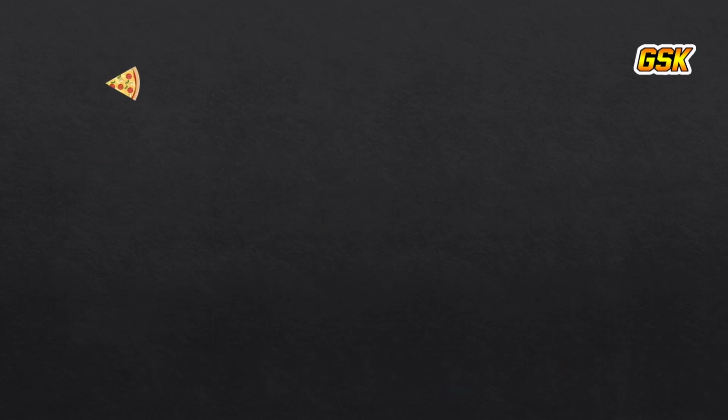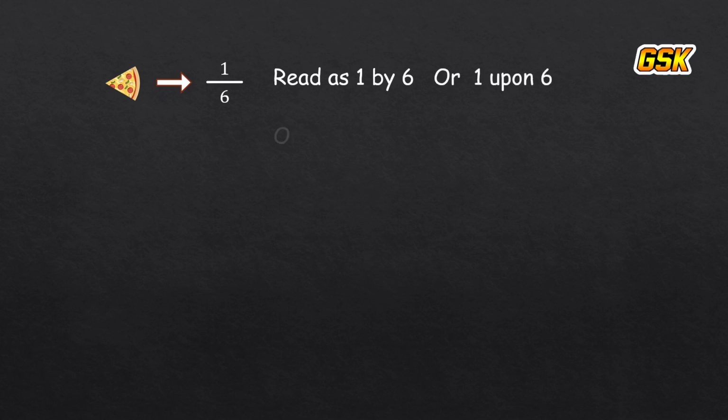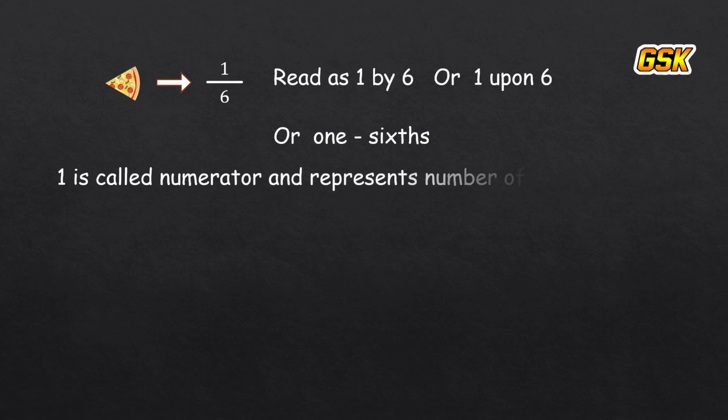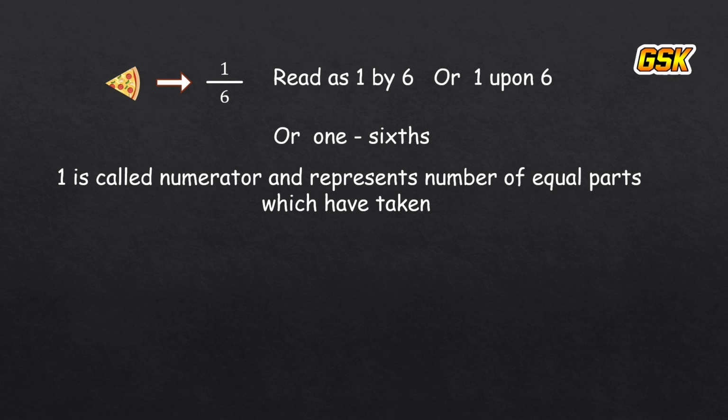One piece of pizza is written as 1 by 6, read as 1 by 6, or 1 upon 6. And 1 is called the numerator and represents the number of equal parts which have been taken. We take only one piece of pizza, so 1.